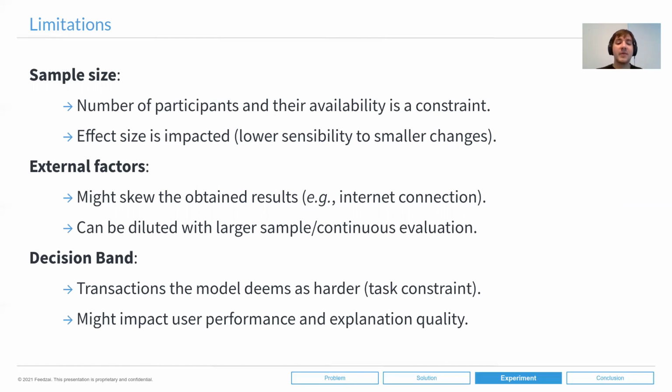Because of that, we used transactions only from a given band of the model, which was a band near the decision threshold. And because of that, the task might be harder for the analysts, and it might be harder for them to create good quality explanations. It might impact the performance and the quality of the explanations itself by using transactions from this band.